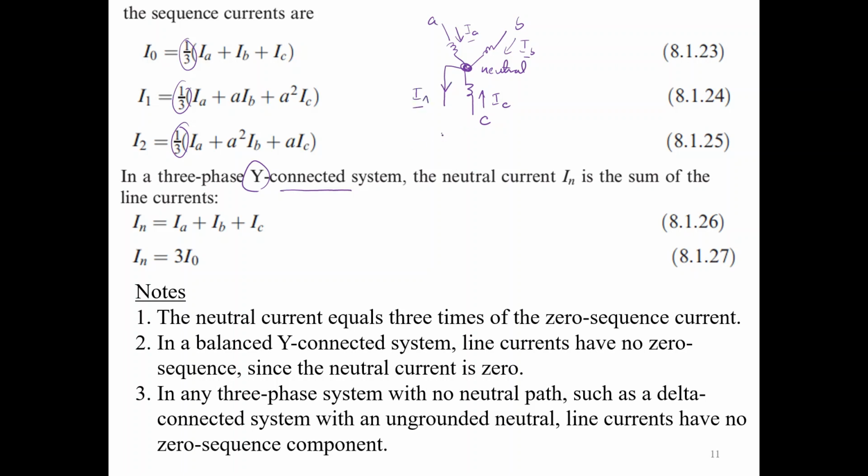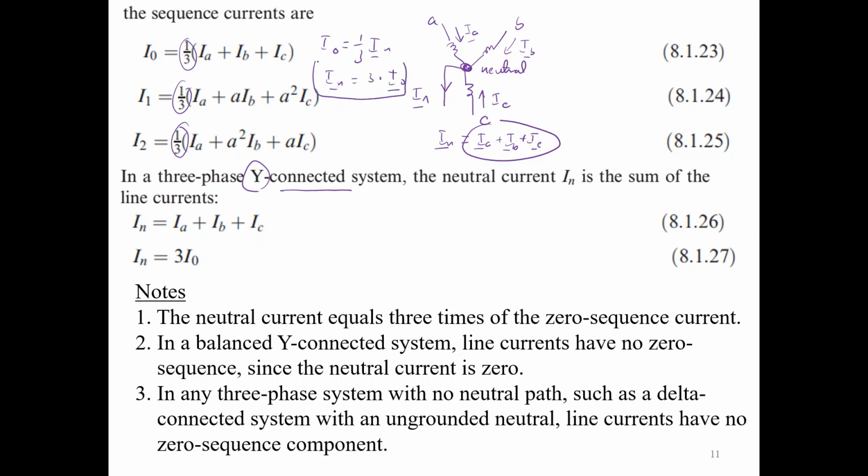Now you see that your IN is equal to IA plus IB plus IC. Your neutral current is the sum of these. If you substitute this, I0 becomes one third of IN, or your neutral current is three times the zero sequence.